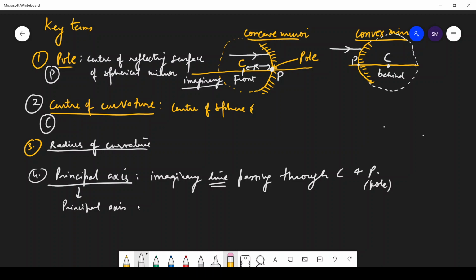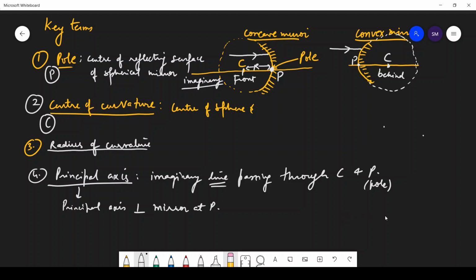And it is perpendicular to the mirror. Obviously it is meeting the mirror at pole. So this principal axis is perpendicular to the mirror at P. Sir, how is this perpendicular?